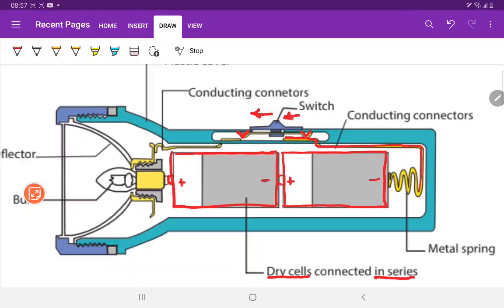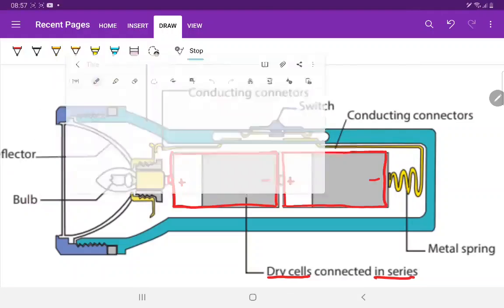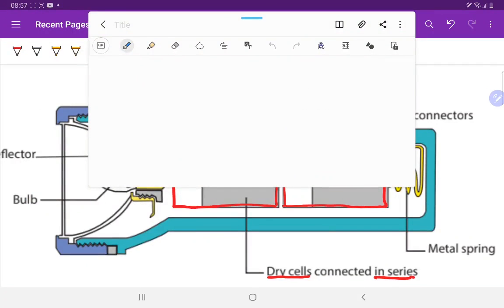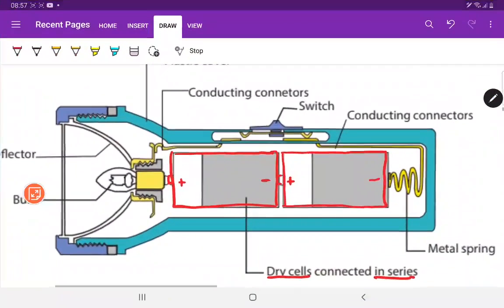At that time the bulb will be on because there will be a closed circuit. Yes, a closed circuit arises there. Because of that, the current will flow through the closed circuit when you push this switch forward.